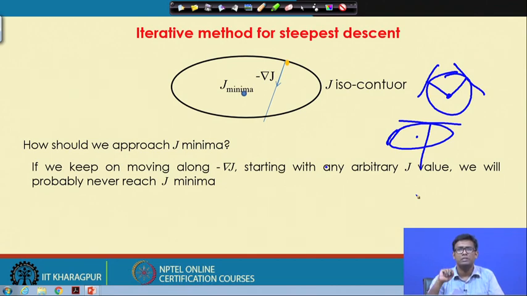However, if we draw this j isocontour, that means j is constant here, so minus grad j is normal to that. We can see that up to a certain level j will reduce, because j is initially reducing here, and there will be a local minima on this line. We will go up to there and then see how we can move again.